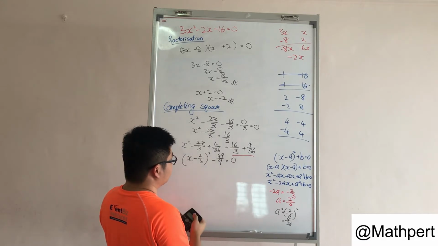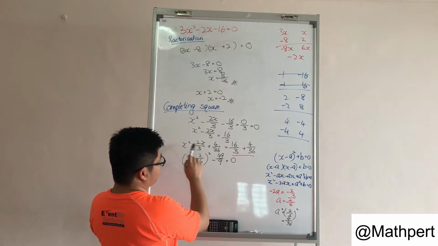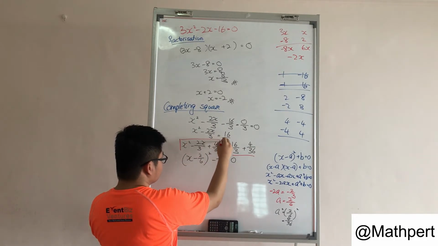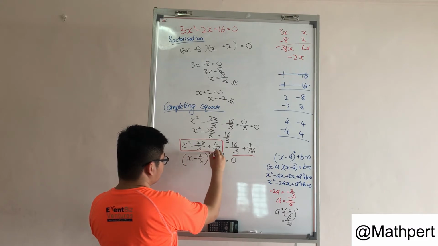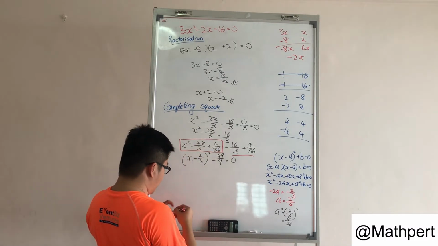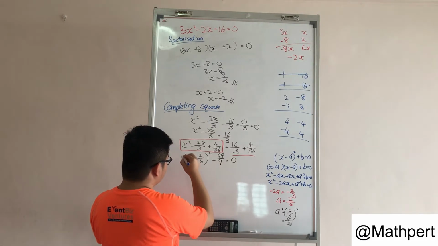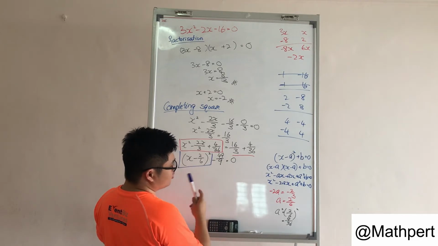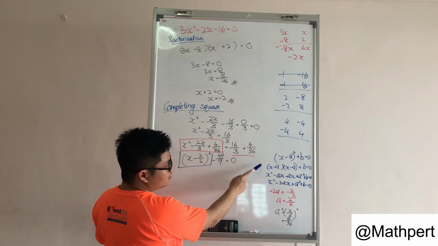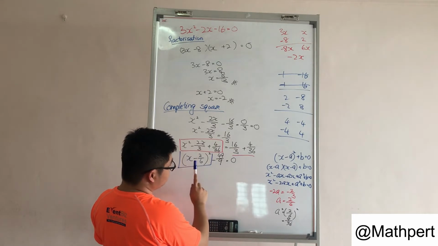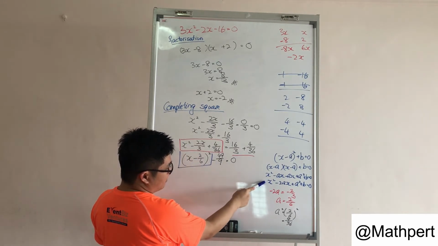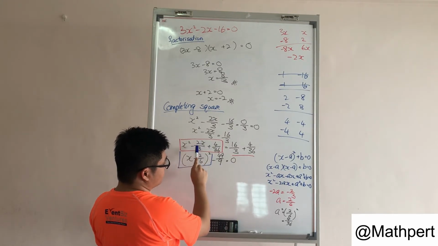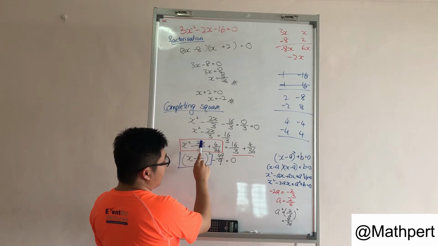Some of you may wonder, how does the left hand side of the equation become this one? You still remember the things that we did here? x squared minus 2ax, negative 2x over 3.